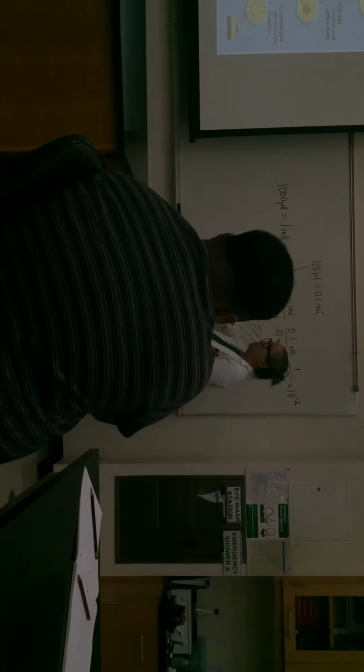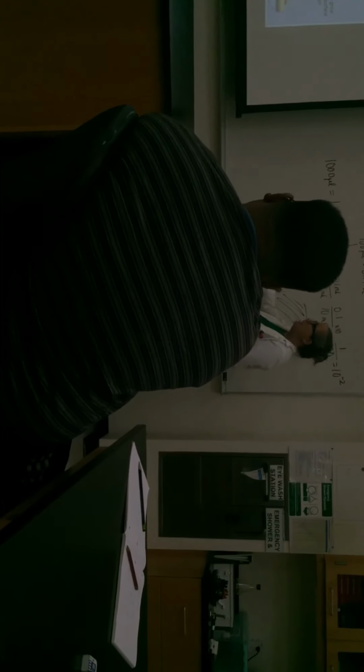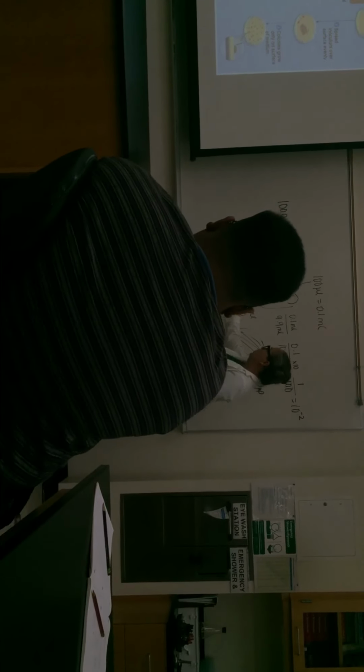So I now have a 1 to 10 dilution. It's a different dilution. This one over here, 0.1 to 10 total. This one here, 1 to 10 total. If 0.1 to 10 is 1 over 100, which is 10 to the minus 2, 1 to 10 is 10 to the minus 1.